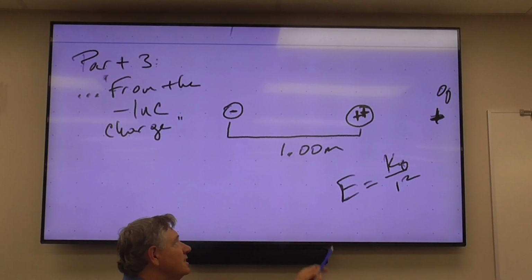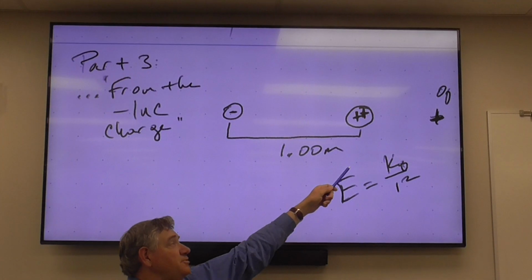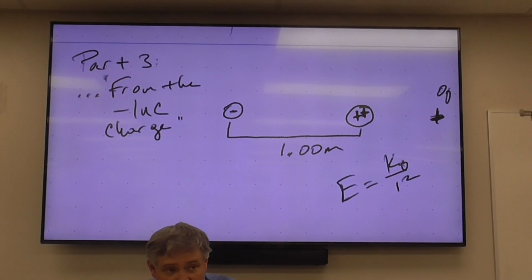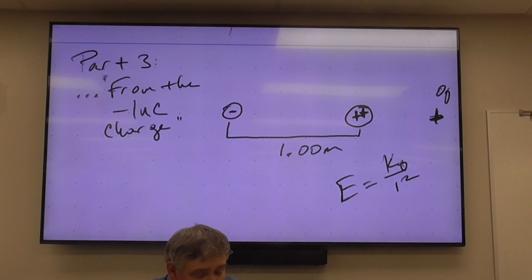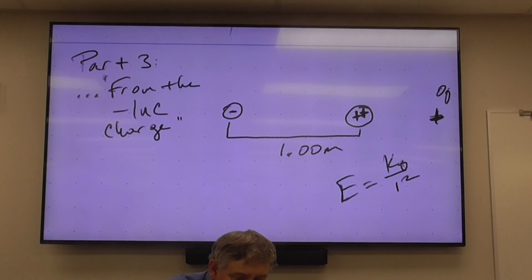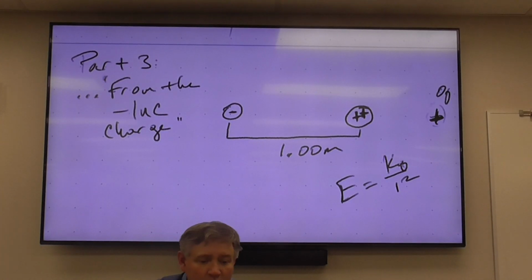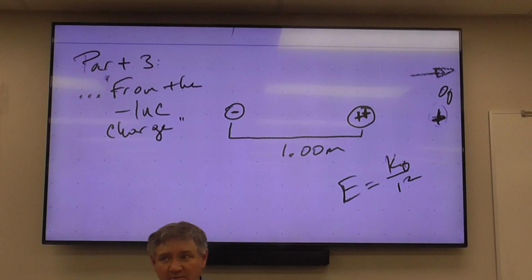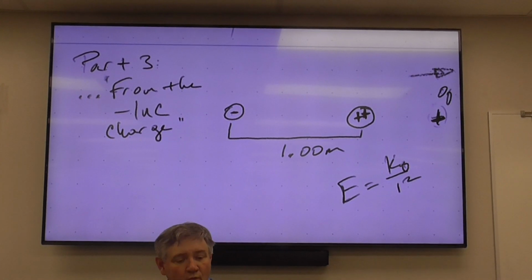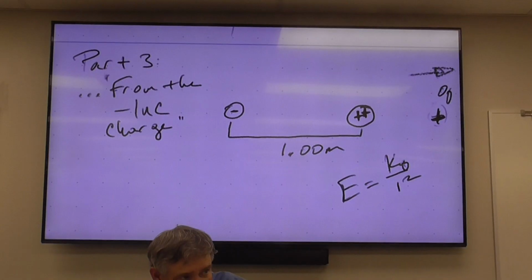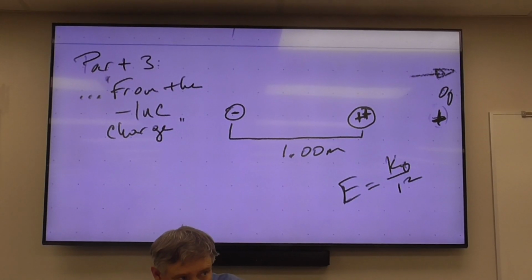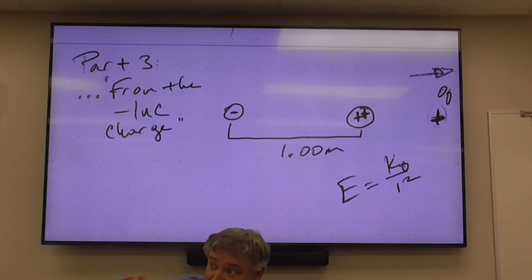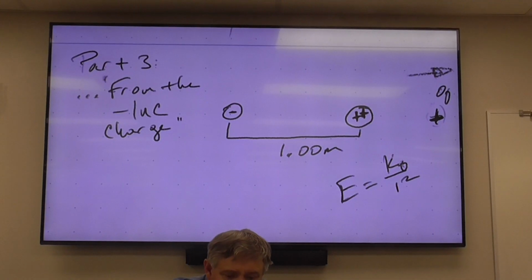So, here's the story. Let's start with the conceptual idea of which direction the field is going to point. If I put a positive test charge out there, what's it going to feel relative to those 2 positive charges? It's going to feel a push going this way, right? What's it going to feel from the negative charge? It's going to feel a pull, because they're oppositely charged.